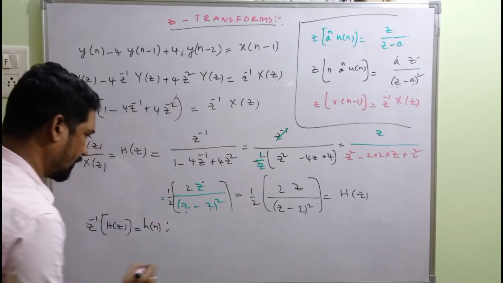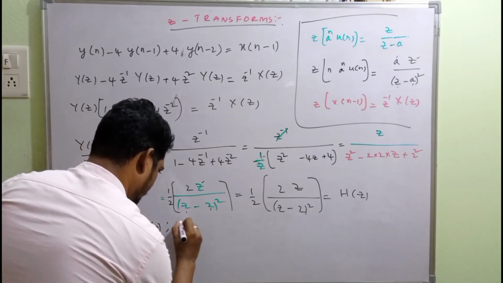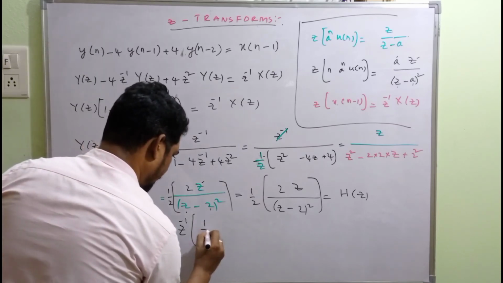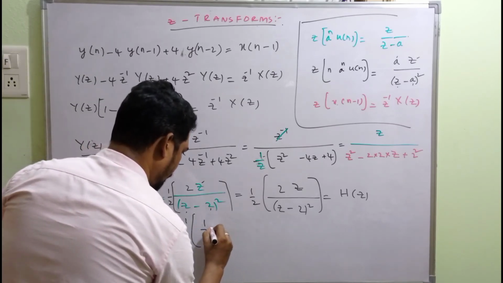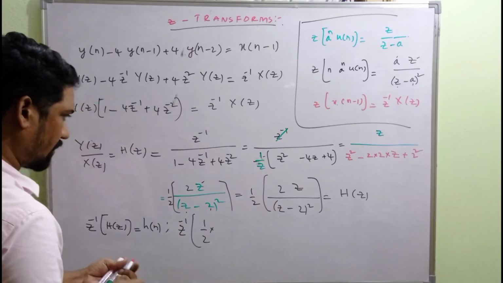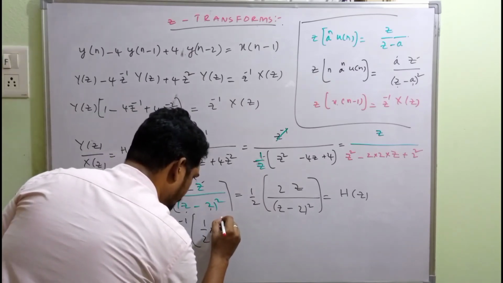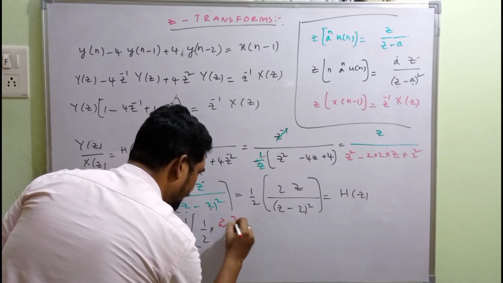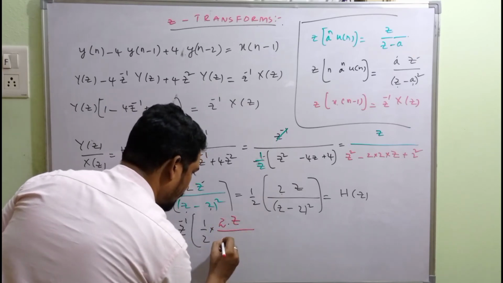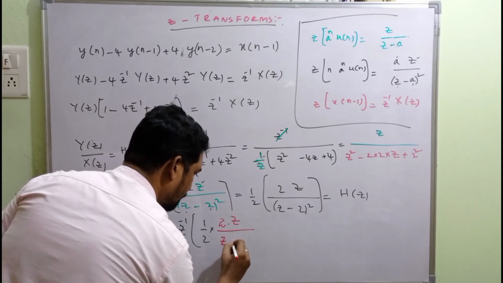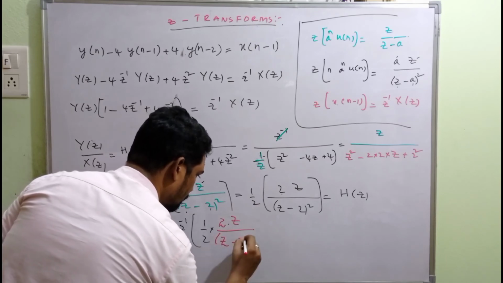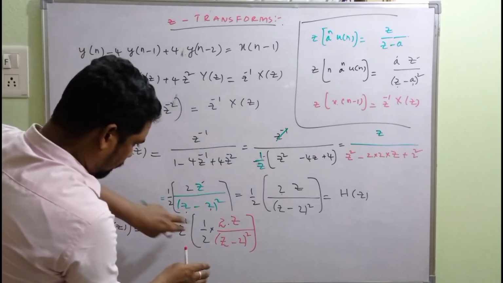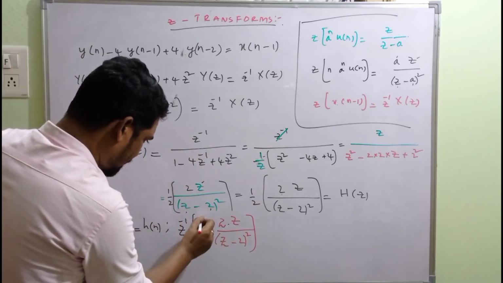So where to evaluate from? Inverse z transform of what? 1 by 2 into, let me write more clearly, 2 into z by z minus 2 whole square. Forget about this half, it's a constant.